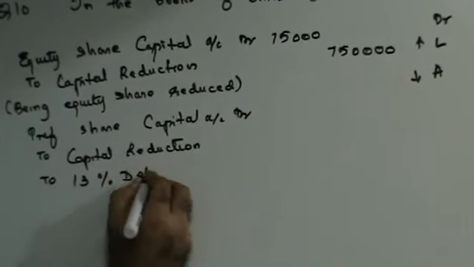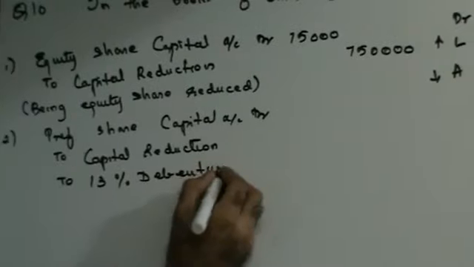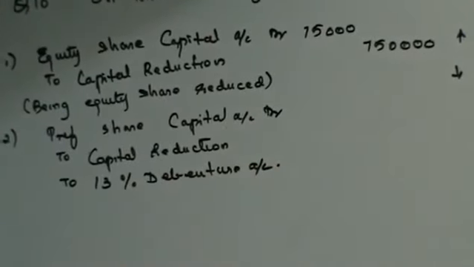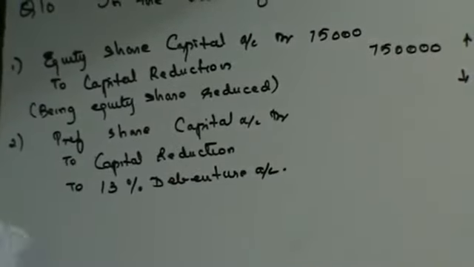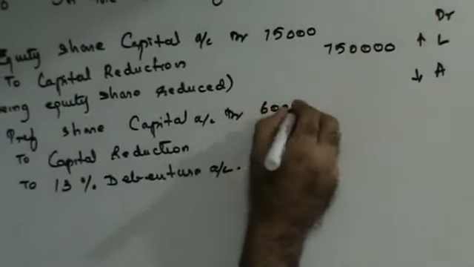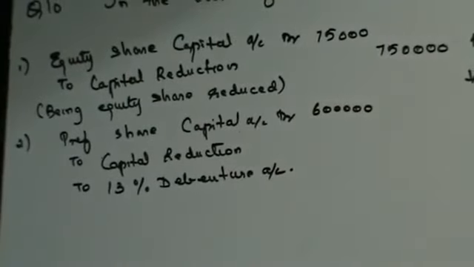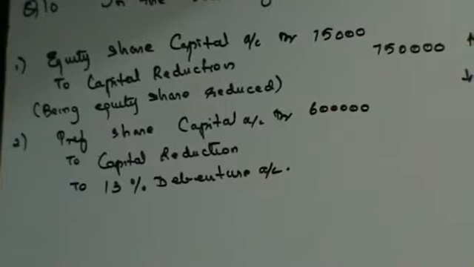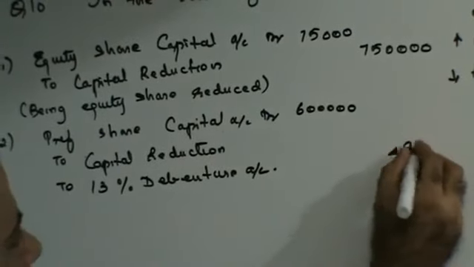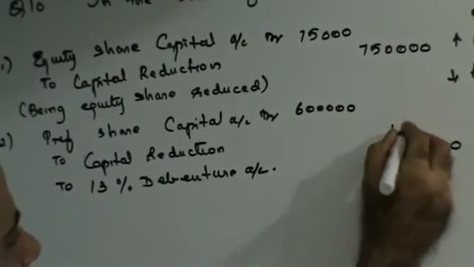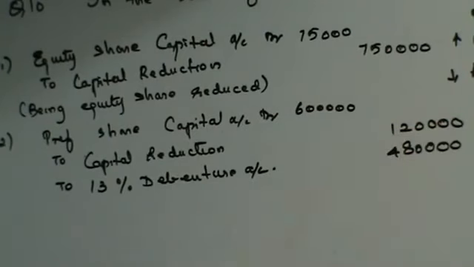Debentures are going out, therefore this will be on the credit side. 13% debenture account. Preference share capital account is 6 lakhs. They are saying that 80% of the dues. Someone please calculate 80% of 6 lakhs. 4,80,000. Yes.